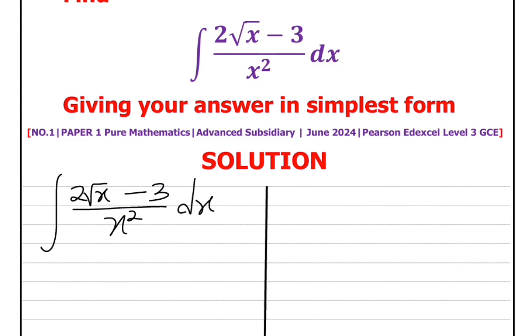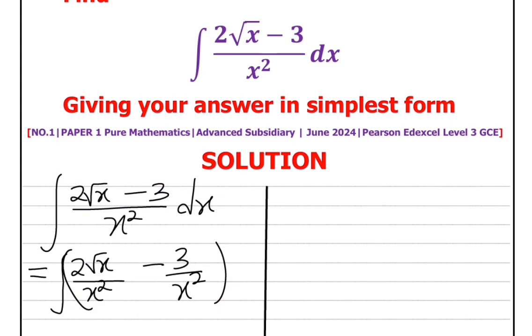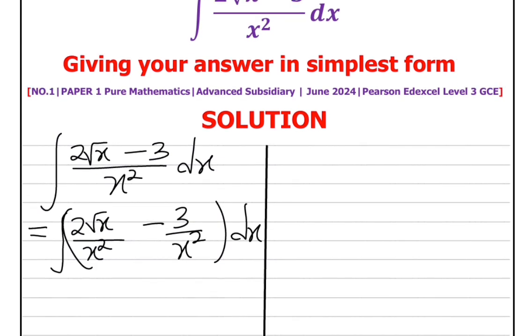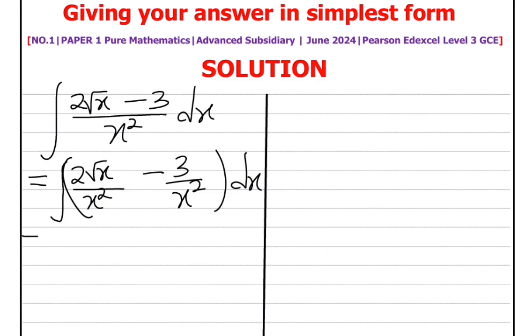Now, from what we have here, we can split this single fraction inside the integral. We have the integral of 2 root x divided by x squared minus 3 divided by x squared dx. Now we have this to be equal to what?